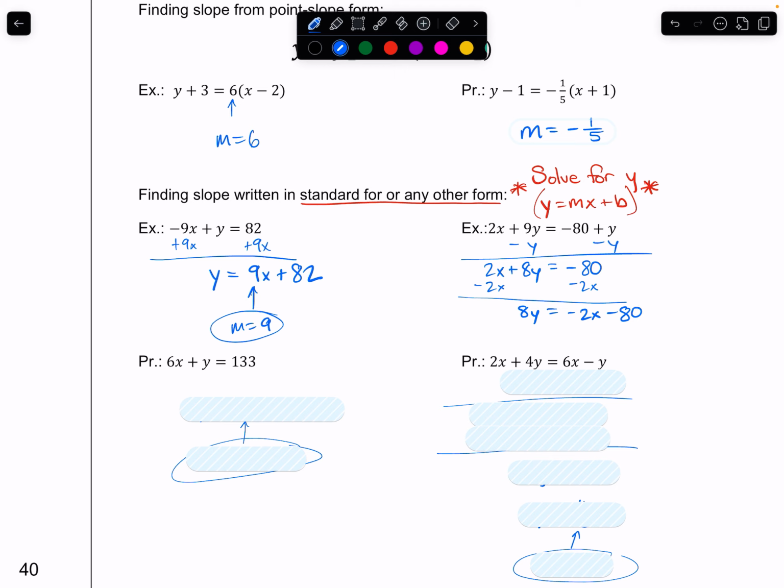And then if I divide everything by 8, I'll end up with y equals -2/8 x minus 80 over 8. And those fractions reduce, so -2/8 is -1/4 x, and that'll be minus 10. So our slope is attached to the x. It's negative 1/4.